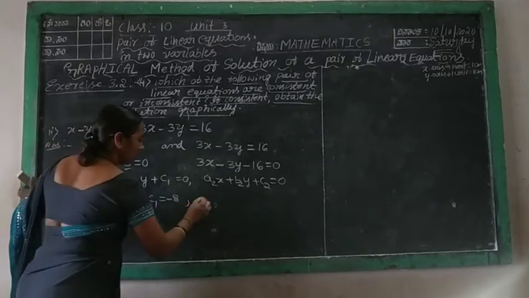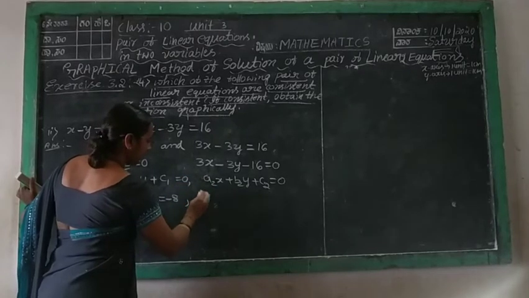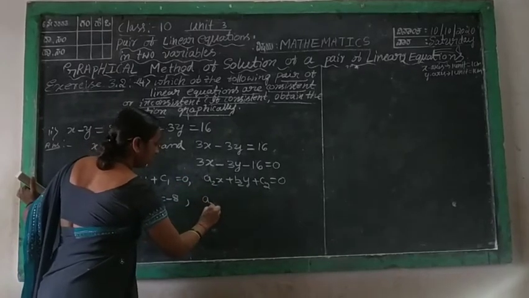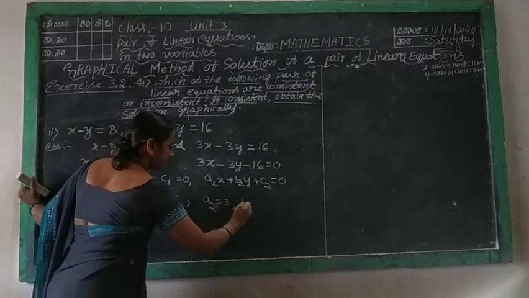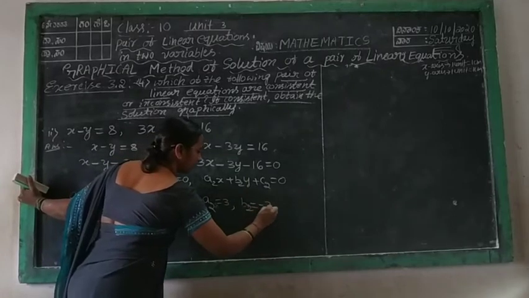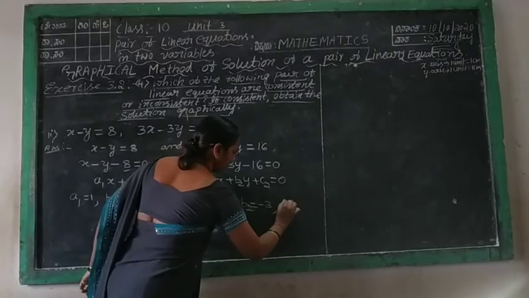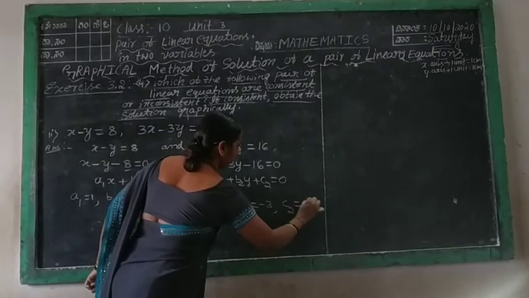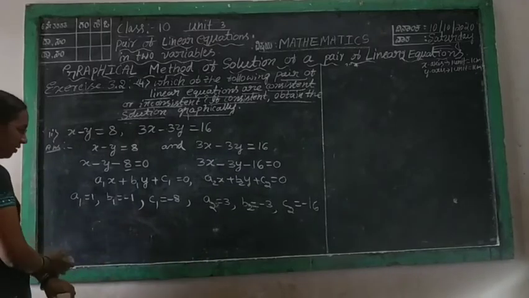Then compare the second equation. a2, coefficient of x, is 3, then b2, coefficient of y, is minus 3, then c2, the constant, is minus 16. Then we take the ratios for both.